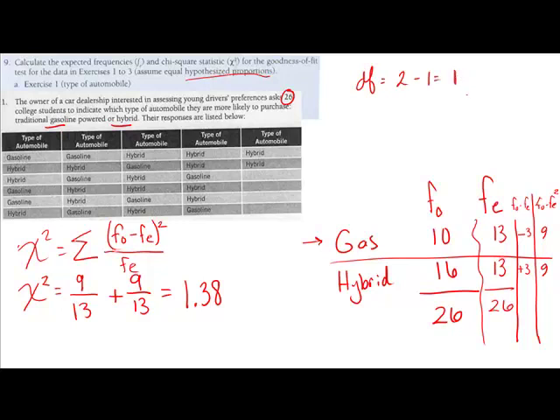We have 1 degree of freedom, and the critical value for 1 degree of freedom at 0.05 is 3.841. So it doesn't appear that there's a strong difference between the two groups.